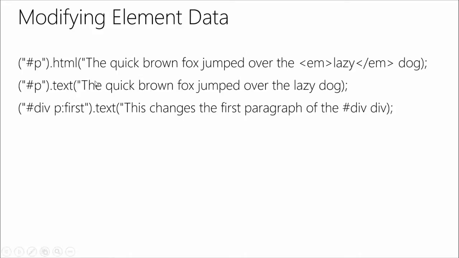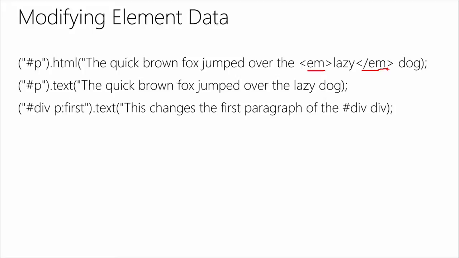So here you see I have a paragraph, and I just reset the HTML to a staple sentence. Quick brown fox jumped over the lazy dog. Notice here, if I call the HTML method, I can put some text in here, but I also can just code some elements in here. So in this instance, I have a couple of emphasis elements for the lazy dog.